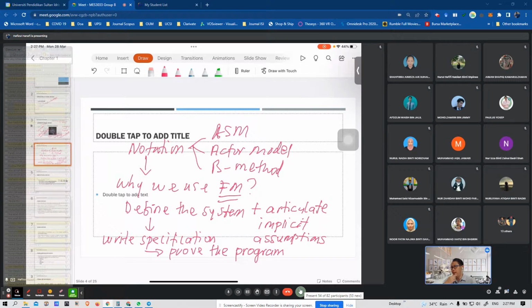Nanti kita akan tengok beberapa proving techniques, which are important because we want to see whether the system is good or not.